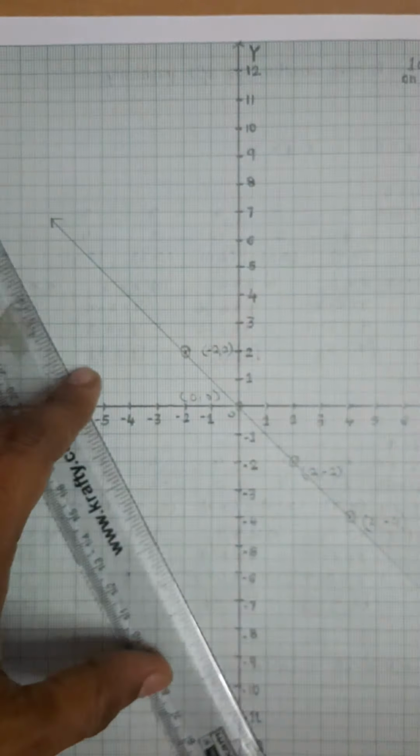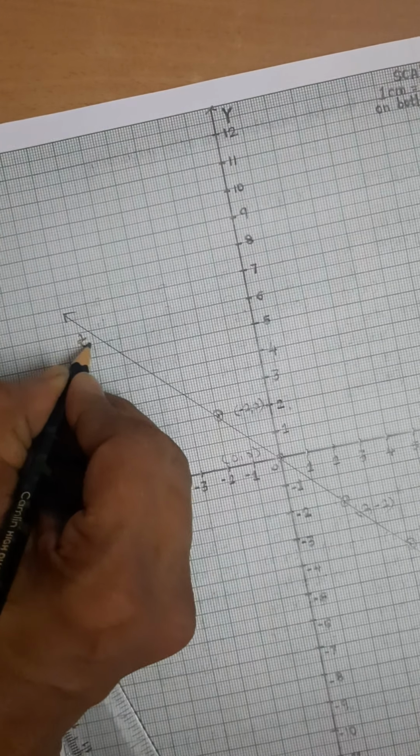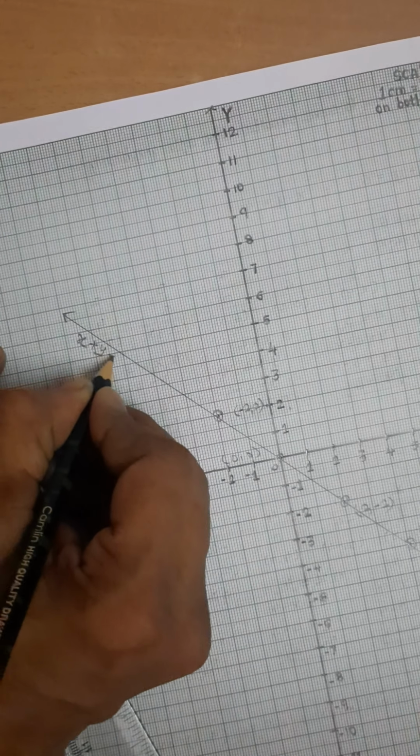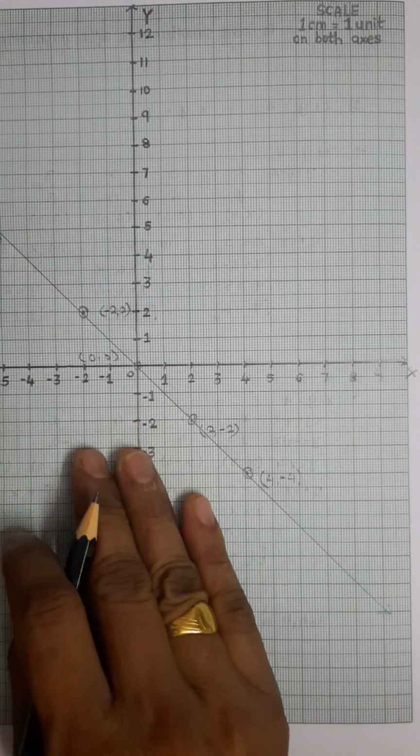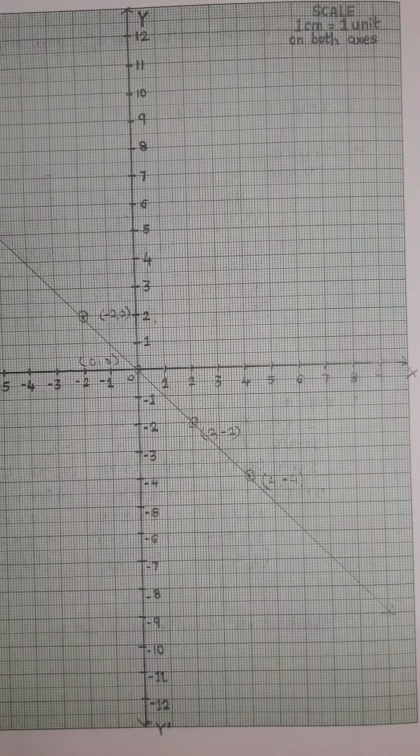Therefore this is a graph of equation x plus y is equal to 0. Now this is for first equation.